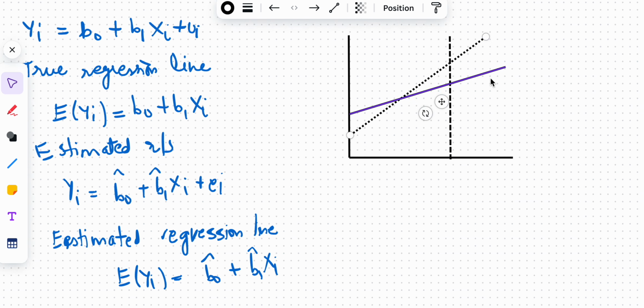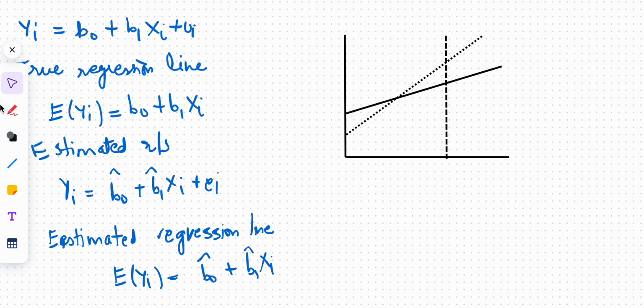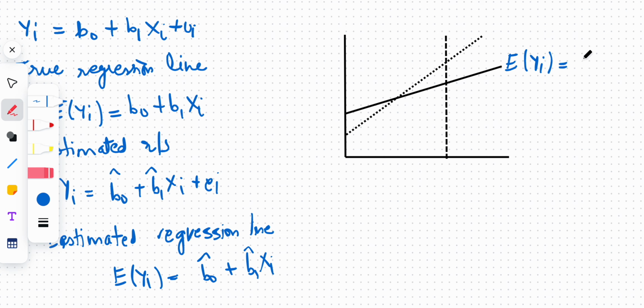So what I'm trying to do here with this is, again, yes, so this would be my... right?